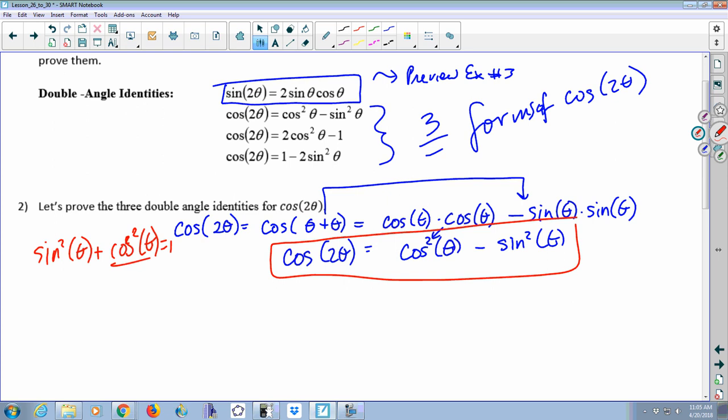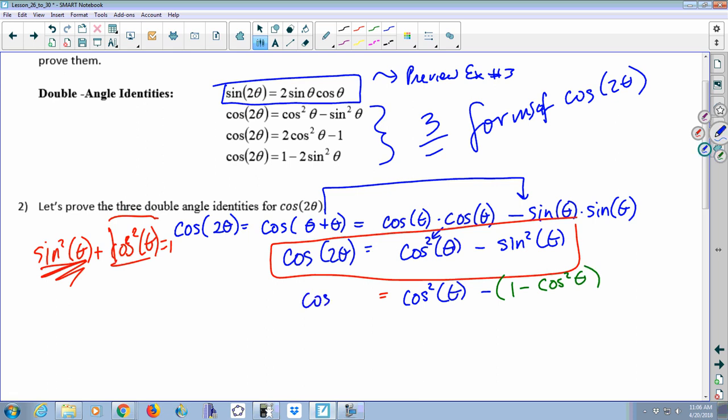So if I solve this equation for sine squared, I get sine squared is 1 take away cosine squared. So I'm just going to substitute that now into here. We'll keep the first one the same, cosine squared theta. And now I'm just going to make a legitimate substitution for sine squared. It's 1 take away cosine squared. Okay, there I go.